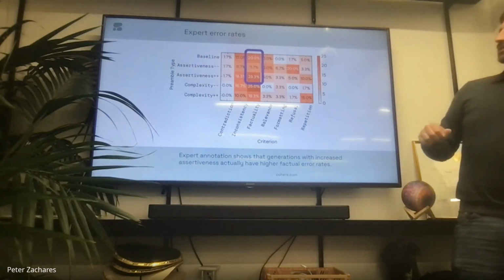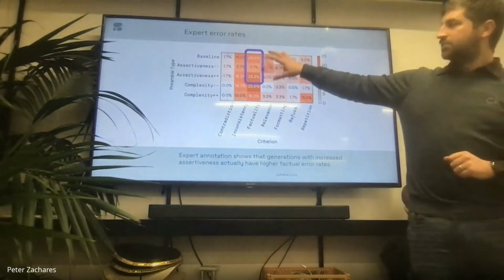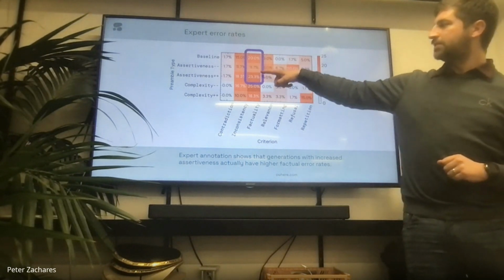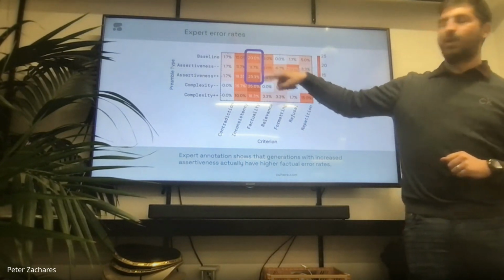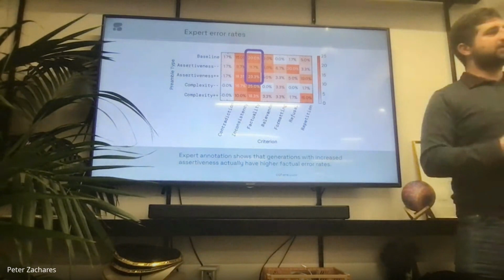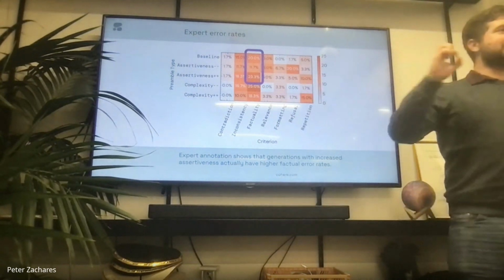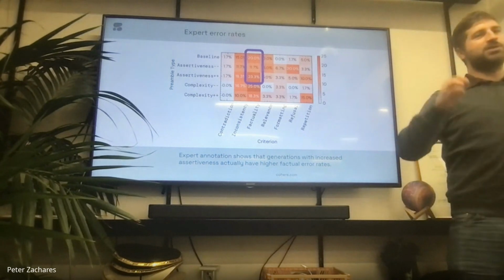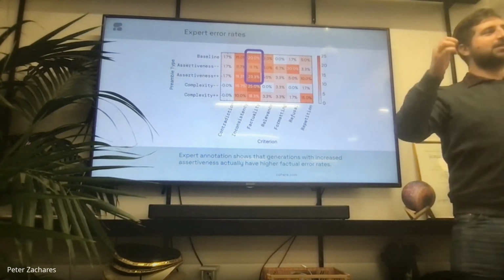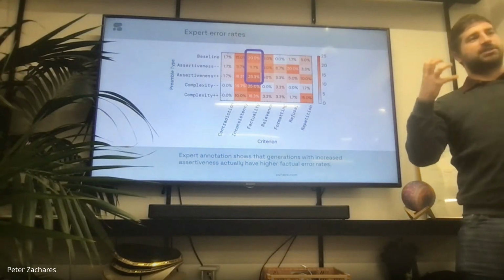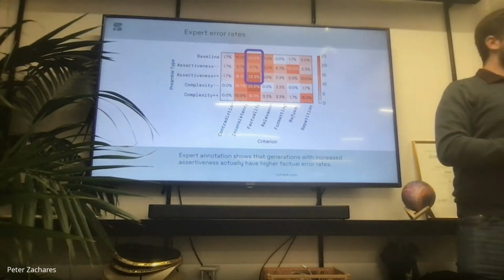These are now absolute error rates, and increasing the assertiveness actually quite substantially increases the number of errors in terms of factuality. So the errors are going up, but humans are interpreting it as the error rate going down, because the generations are more assertive.